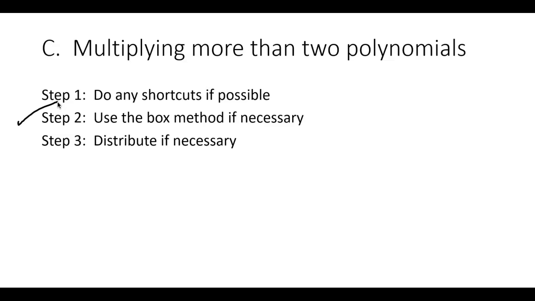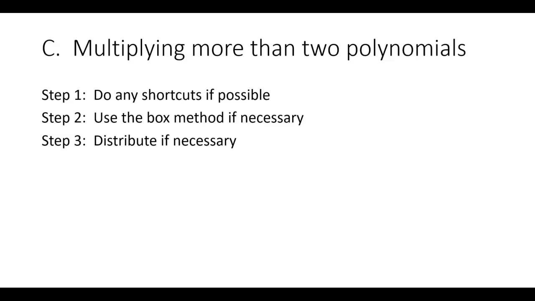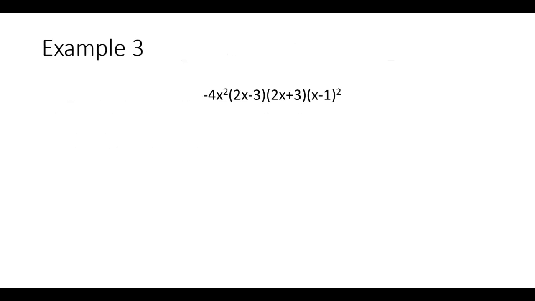And sometimes you'll have a little number in the front. After you do everything, you have a bunch of stuff that you've worked out, and the last step is to finally multiply that number in at the end, the distribution step. So shortcuts first, box method. Sometimes you might have to do the box method twice. It just depends how many you're multiplying together. And then followed by distribution. All right, so let's take a look at one. Take a minute, write that down, and we'll begin.